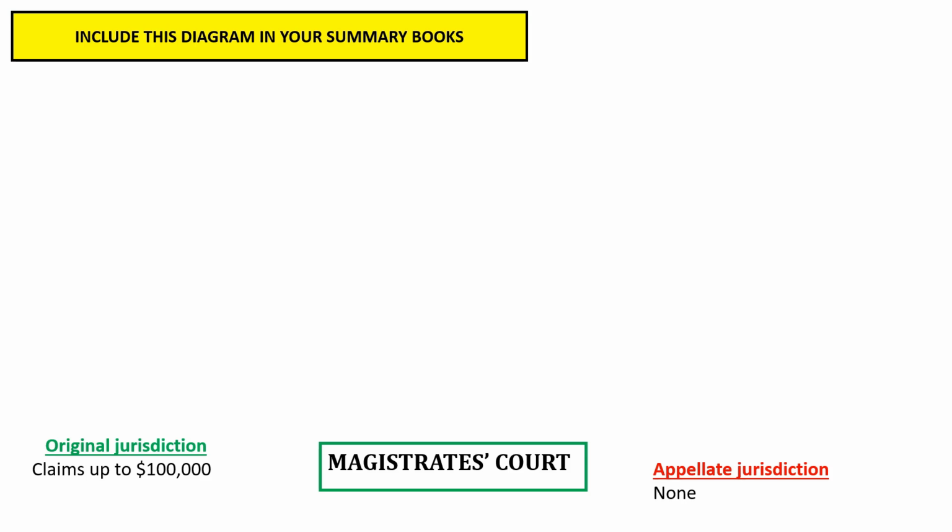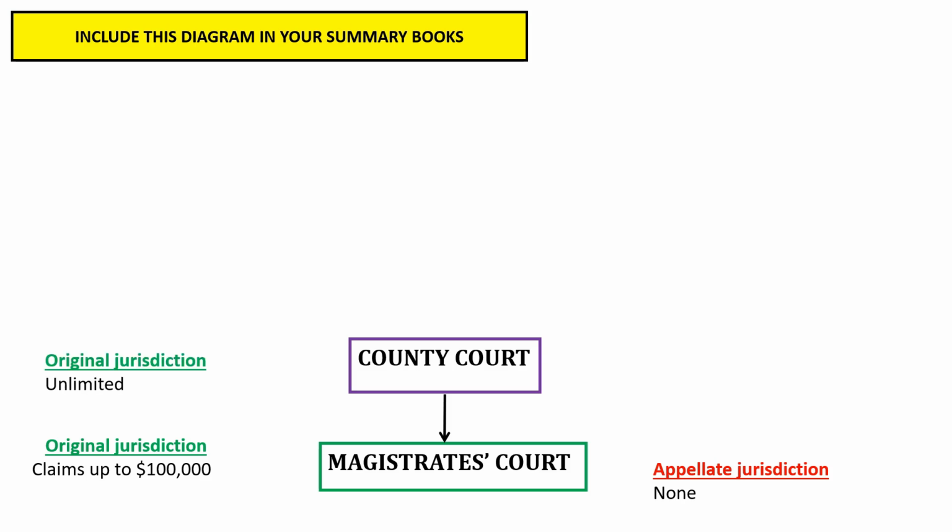Moving up the court hierarchy, we come to the County Court. The original jurisdiction of the County Court in civil disputes is unlimited. That means that the County Court can hear civil disputes of any amount. That is, where the amount that's in dispute is anywhere from $0 right up to millions and millions of dollars.